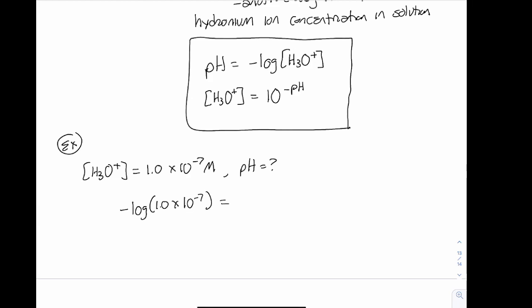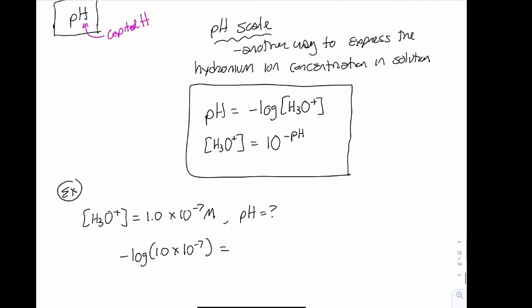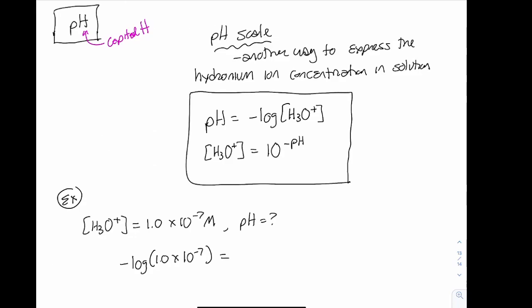Log values don't have units, so when I express my pH, I'm not going to have units on it. Just be really careful, because if you're going backwards, if you know the pH, it's not going to have units, and you're calculating your hydronium ion concentration, that does need to have units. Remember, those brackets mean molar concentration, so you do have to put that capital M on there. So just really watch out for units.